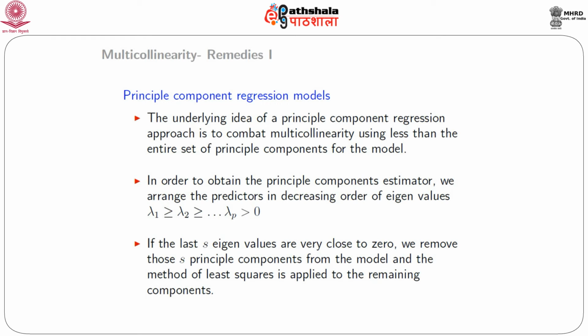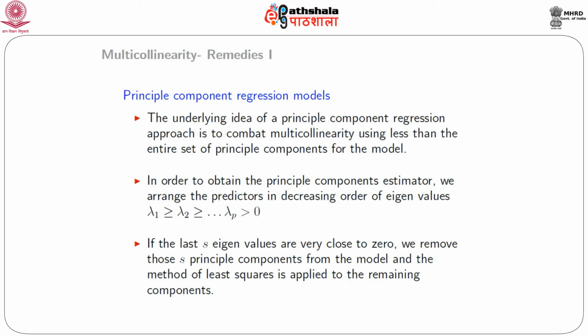So, in order to obtain the principal component estimators, we arrange the predictors in decreasing order of eigenvalues: lambda 1 greater than or equal to lambda 2 greater than or equal to ... lambda p, and all of them are greater than 0. And if you remember, in principal component analysis, the rule of thumb for selecting the significant principal components was by looking at the eigenvalues.